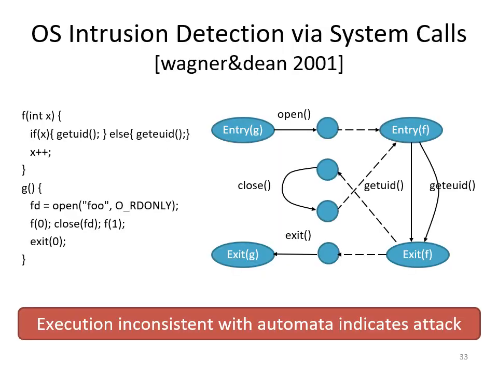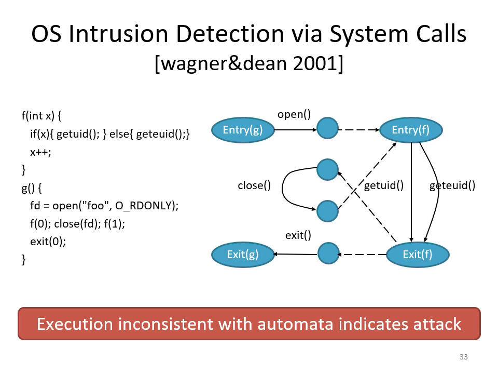This is a quick digression: this same approach applies not just to networks, but also to operating systems. People have applied the same kind of intrusion detection to operating systems by asking, do we see unexpected behavior in an application? The model that this paper took was to look at the set of system calls an application makes, and make the call graph of an application into a state machine.